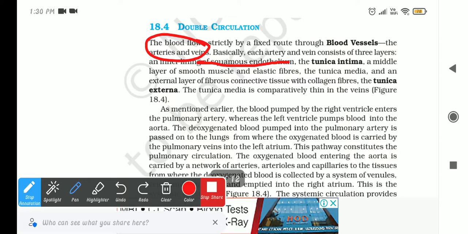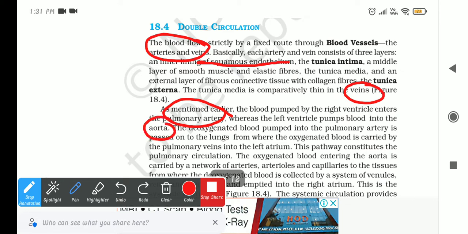The tunica media is comparatively thin in veins. As mentioned earlier, the blood pumped by the right ventricle enters the pulmonary artery, whereas the left ventricle pumps the blood into the aorta.